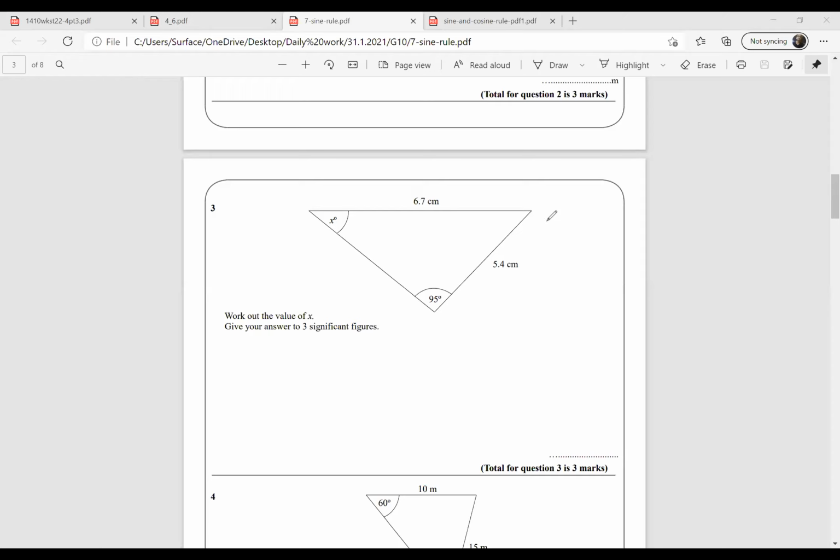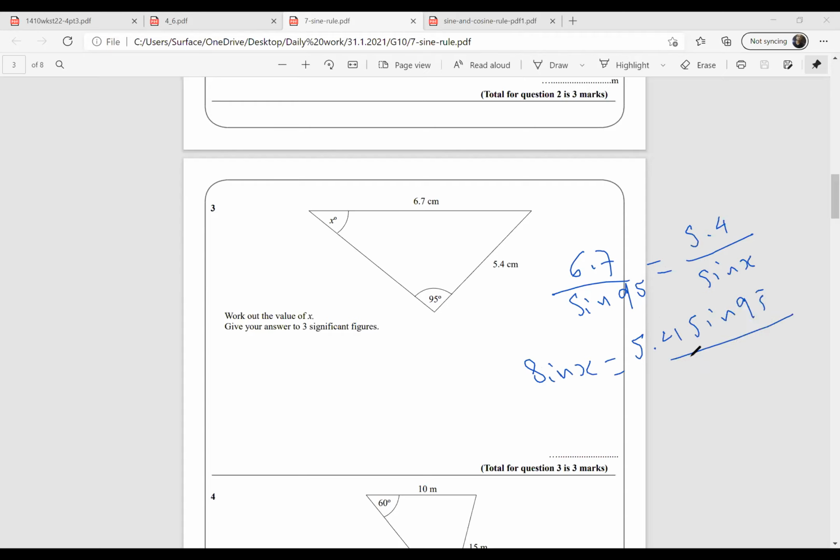6.7 over sine 95 equals 5.4 over sine x. Then sine x equals 5.4 sine 95 divided by 6.7, and the answer will be the angle.